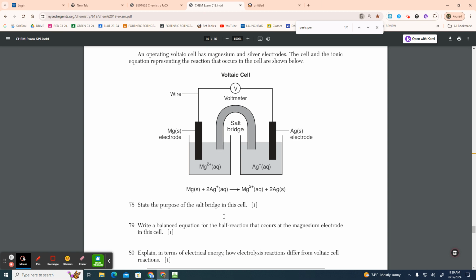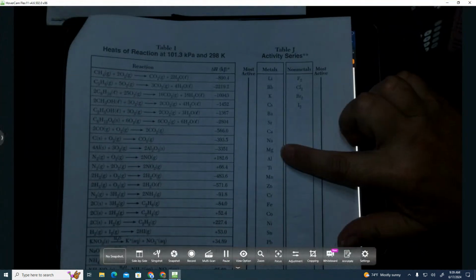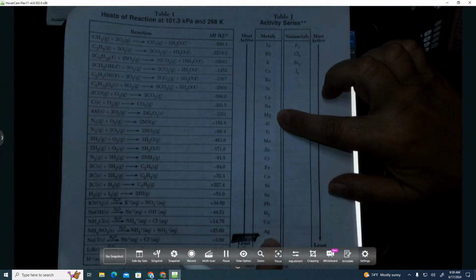Is the magnesium being oxidized or reduced? There are 2 ways to tell. You could look at the reference table, reference table J, in case you didn't know. You find magnesium and silver. Magnesium is here, and silver is here.